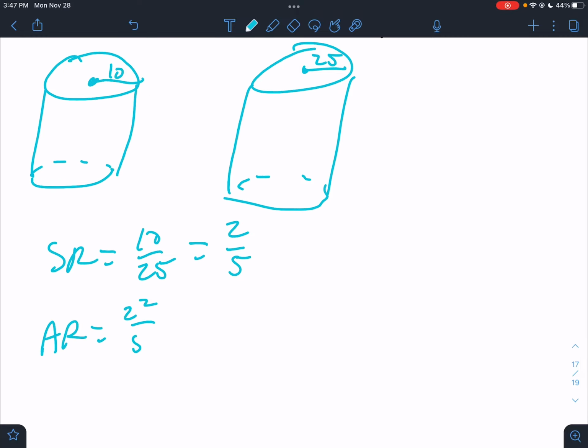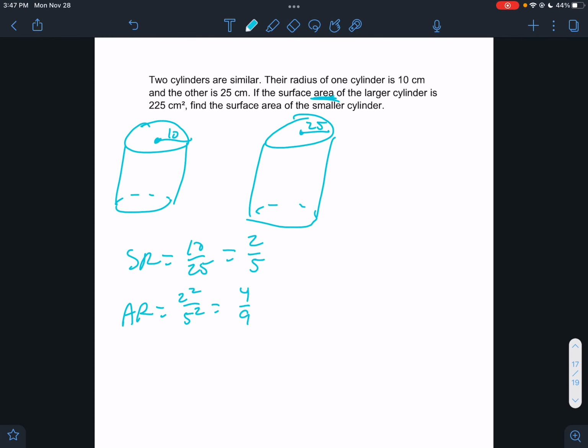It's 2 squared to 5 squared, which is 4/9. So in order to do the area, we would have to use 4/9. It says the larger cylinder is 225. So 4 over 9 is small over big, right? 4 is smaller than 9, so small over big has to equal the small area, which we don't know, over the big area, which is 225.